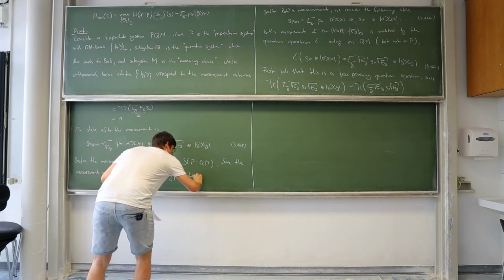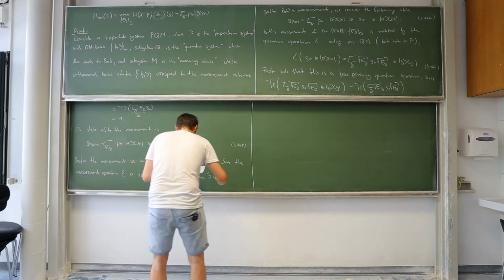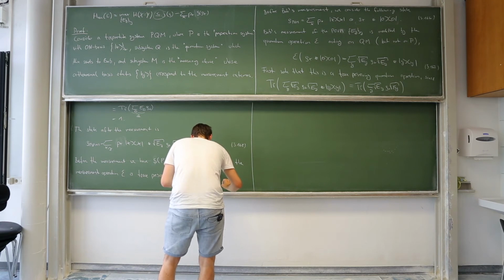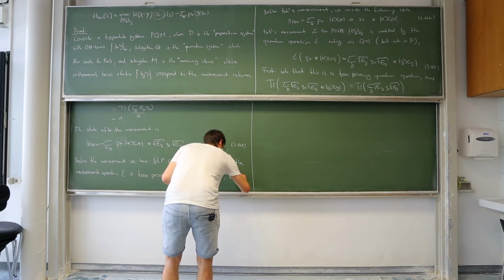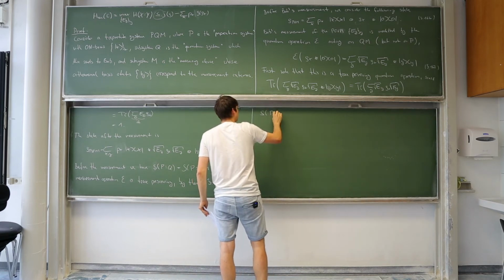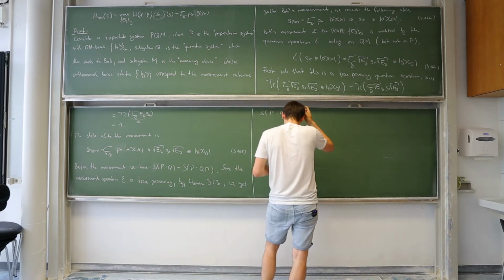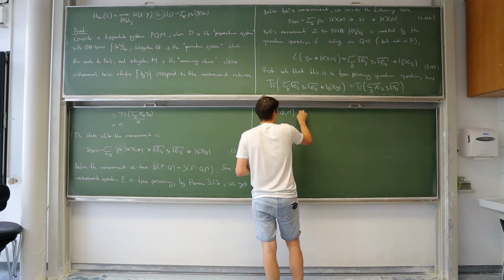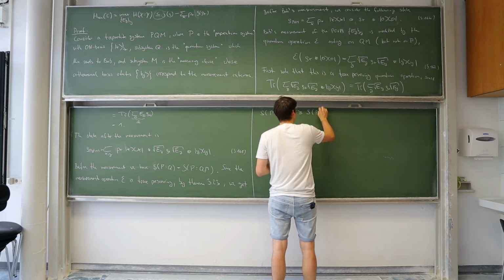By the theorem, which we stated before the break, theorem 3.23, we get the following: this mutual information S of P and Qm cannot increase under trace preserving quantum operations.